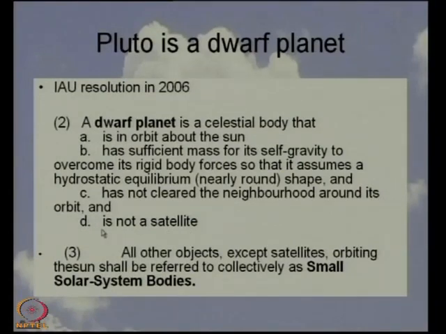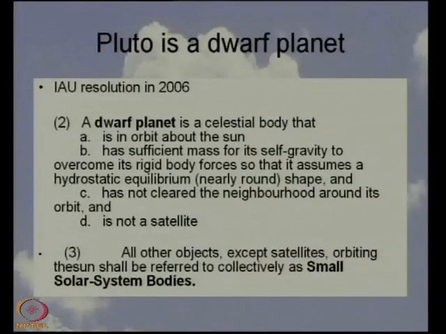So if you have an object that goes around the sun, which looks like a planet, it is spherical, it has overcome the other forces and is in hydrostatic equilibrium under its self-gravity, but it has not cleared its orbit of other objects, then it is called a dwarf planet.